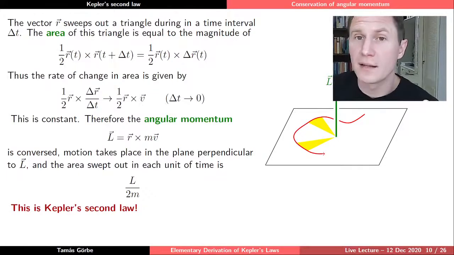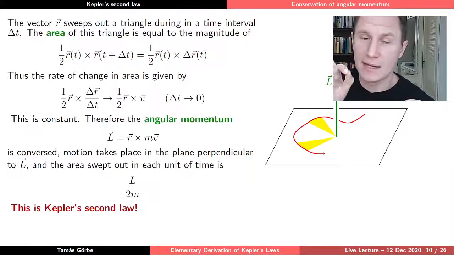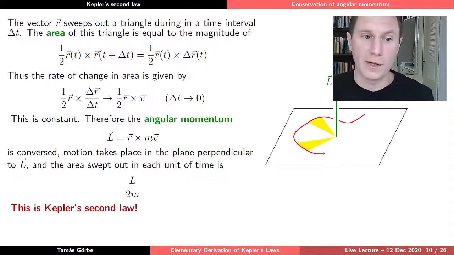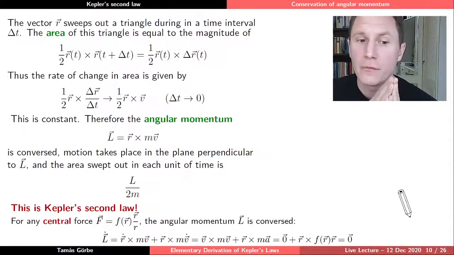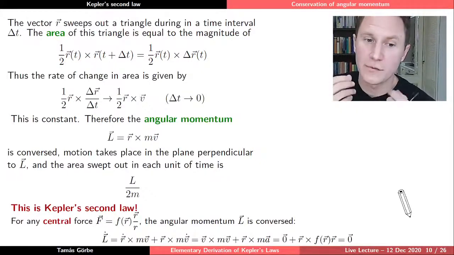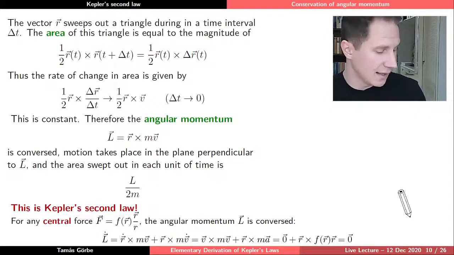The only thing we assumed is that the gravitational pull has a center, so it originates from one point. In fact, what you could prove, and here is a derivation, is that for any central force, any force that originates from one point, this angular momentum is conserved, and Kepler's second law will hold for any central force law, not just the inverse square law.